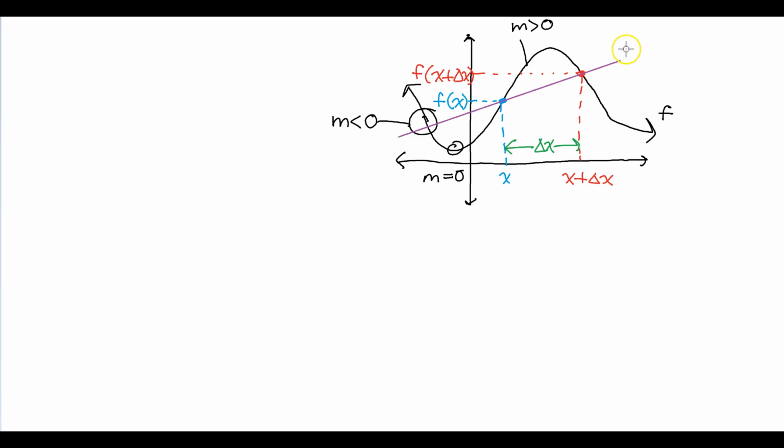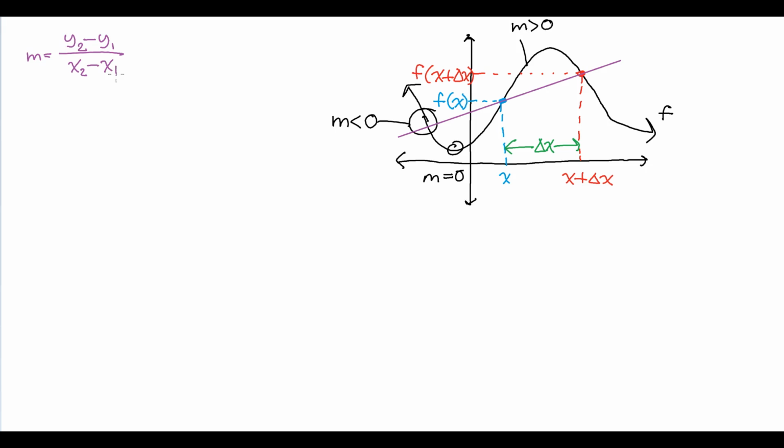Okay, so you would find it using the slope formula. m equals y2 minus y1 over x2 minus x1. Okay, hopefully you know that formula.